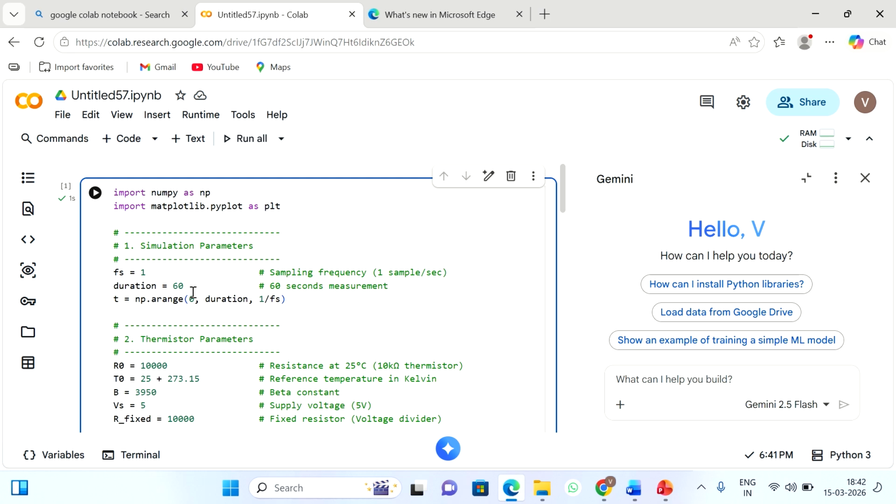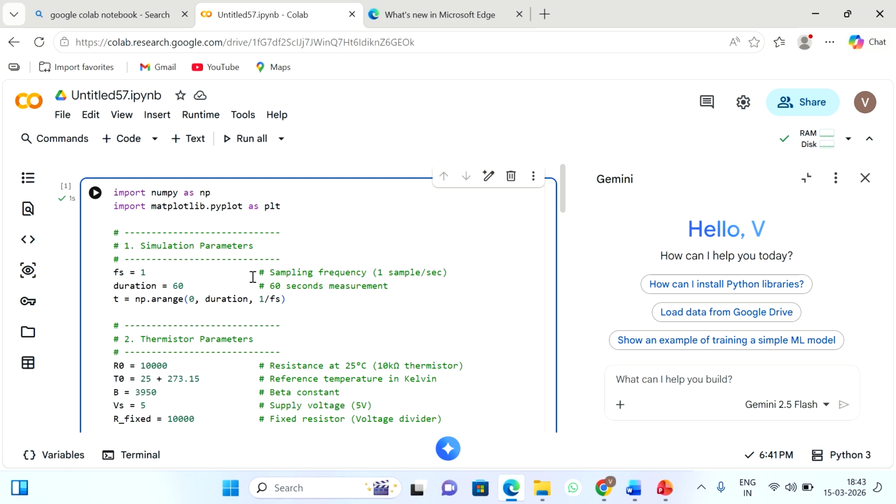This experiment simulates temperature measurement using the NTC thermistor, that is, the negative temperature coefficient thermistor. It applies the beta equation and plots the measured body temperature.